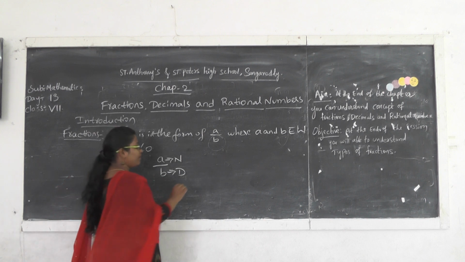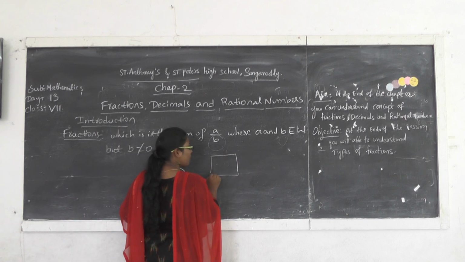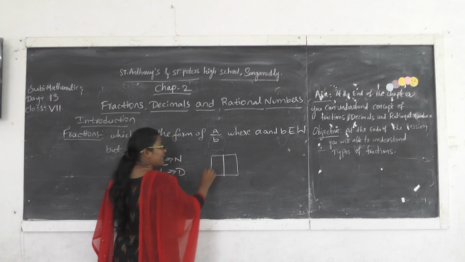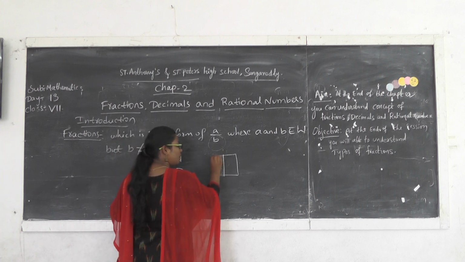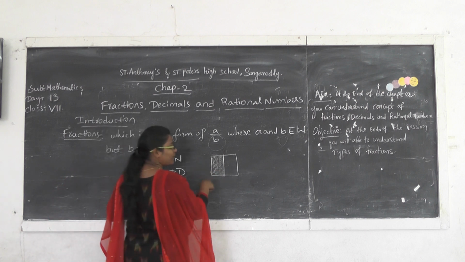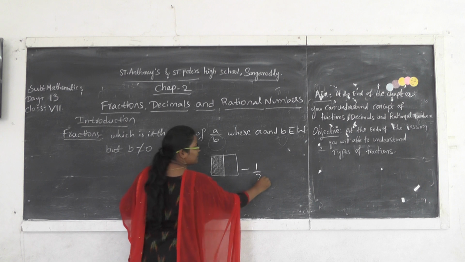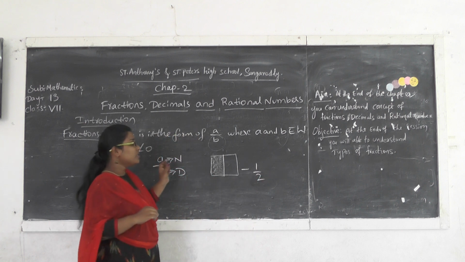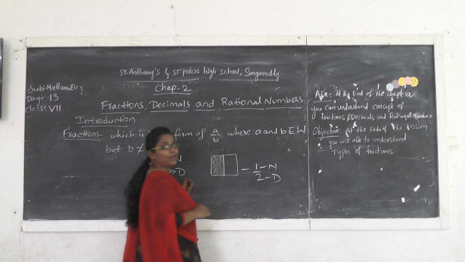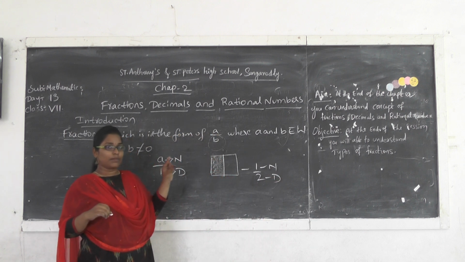Okay, for example let me take one whole part and divide it into 2 parts. How will we represent this fraction? We will represent it as 1 by 2. So here 1 is called numerator and 2 is called denominator. Why do we represent it as 1 by 2?